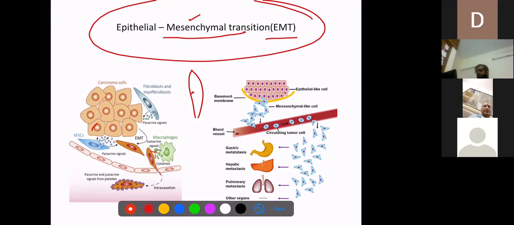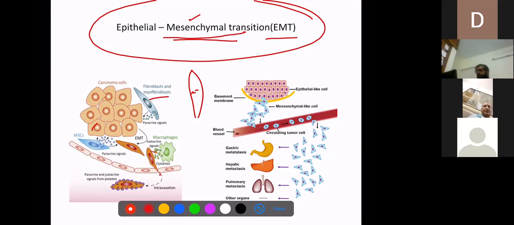So it gets paracrine signals from the macrophages, juxtacrine signals, myofibroblasts, and the other stroma cells also. What do these signals do? They just tell the cell, if you become spindle shaped, only then can you enter the blood circulation and go to a different place. So these cells undergo some processes and become spindle shaped like a mesenchymal cell. The epithelial cell looks like a mesenchymal cell, and they enter the circulation.